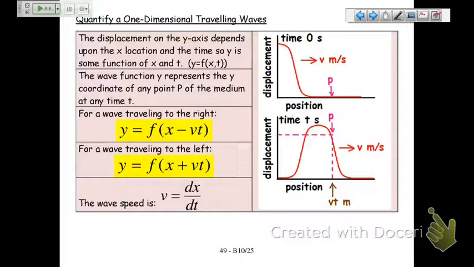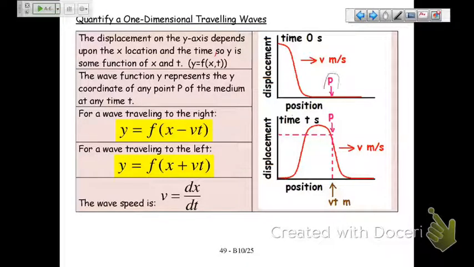So we have this thing, and at time t equals this it looks like this, and at time t equals something else it looks like that. And what we say is the displacement on the y-axis depends upon the x-axis location and time. So y is a function of x and t. The wave function y represents the y coordinate of any point P of the medium at any time t.